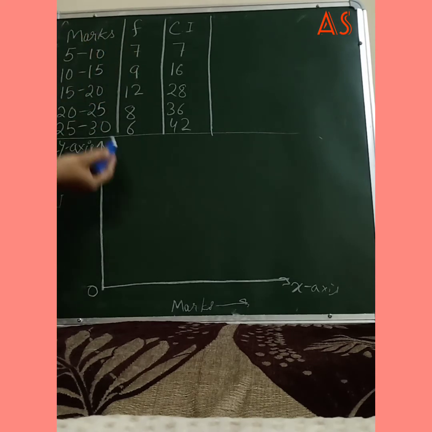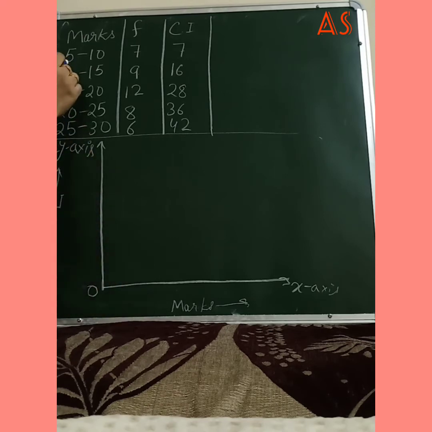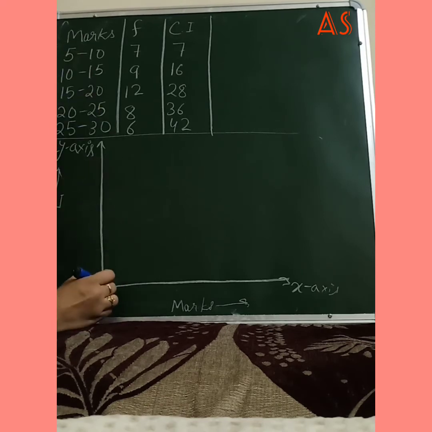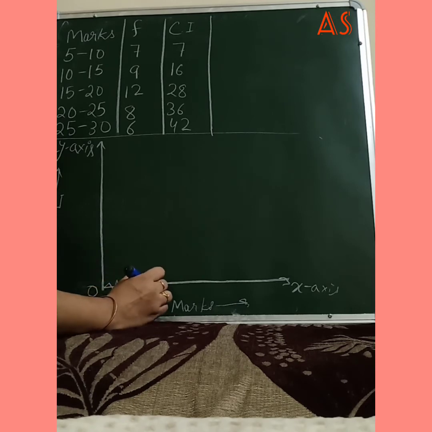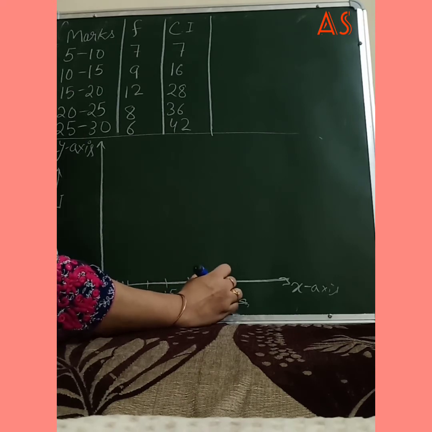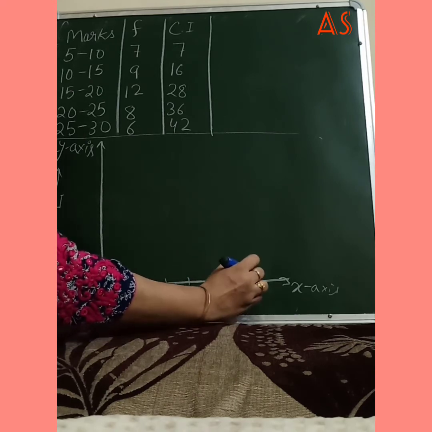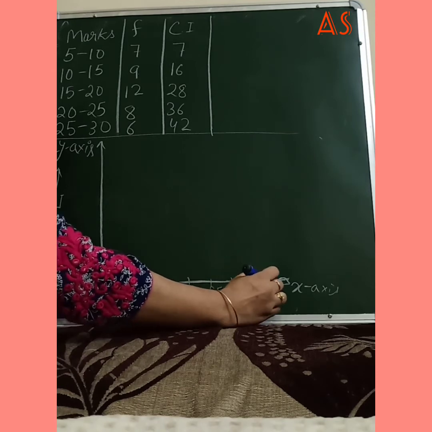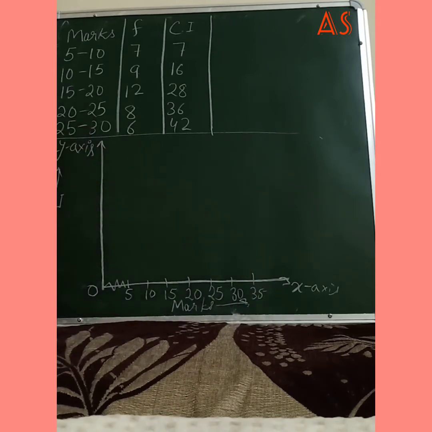Now you know how the graph is taken. We are taking 5, and a zigzag line also we can do, then 5, 10, 15, 20, 25, 30, 35. Till we take our highest value 30, then till 30 or 35 is your choice.